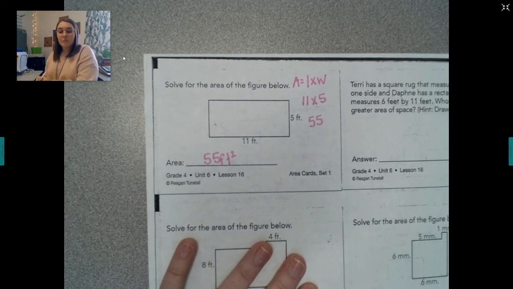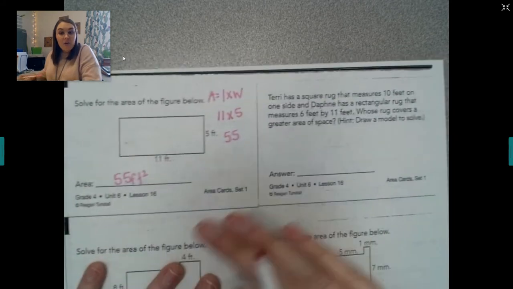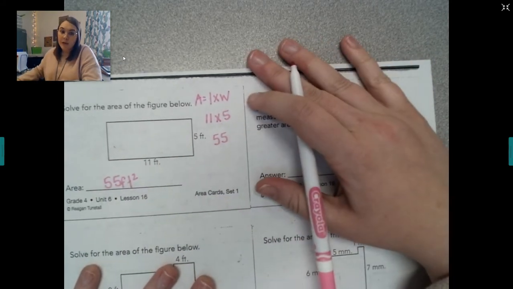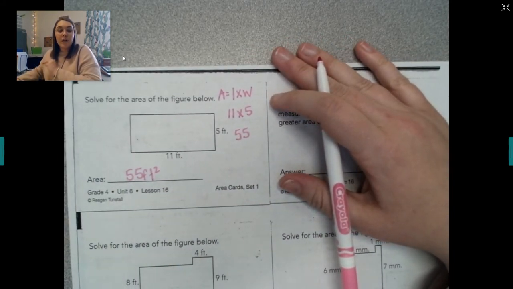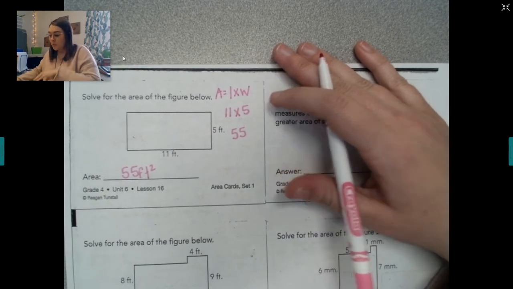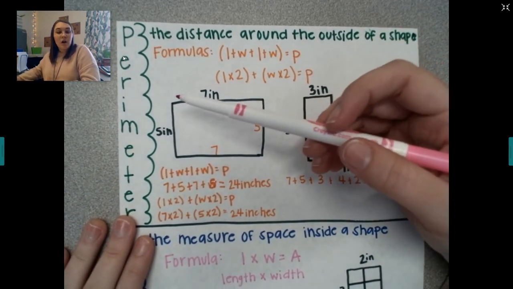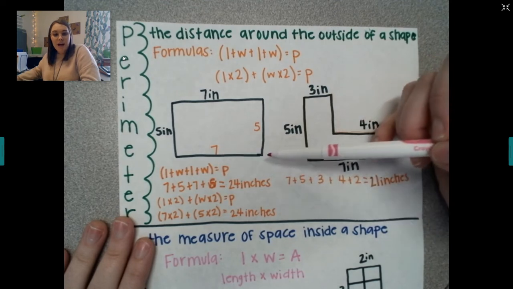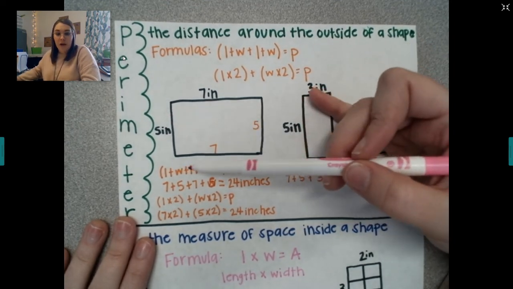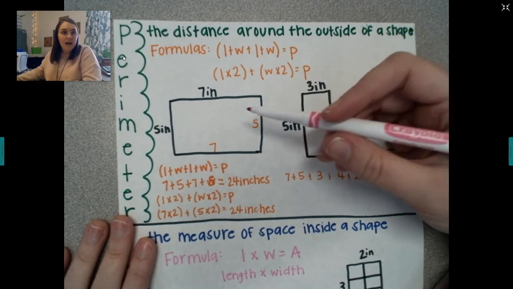So the hardest part about perimeter and area is figuring out in a word problem, which we'll do later, which one is which. Which one is asking me for perimeter? Which one is asking me for area? And we will do that later. All you have to remember is, like in our song, take a walk outside it. We can find perimeter. Add up all the sides.